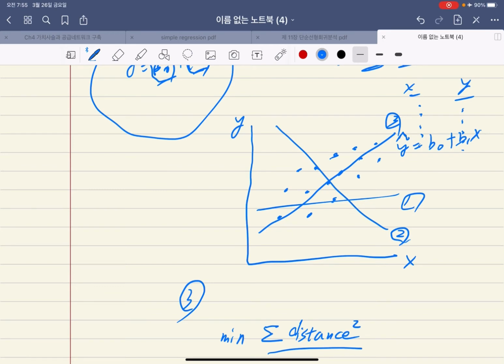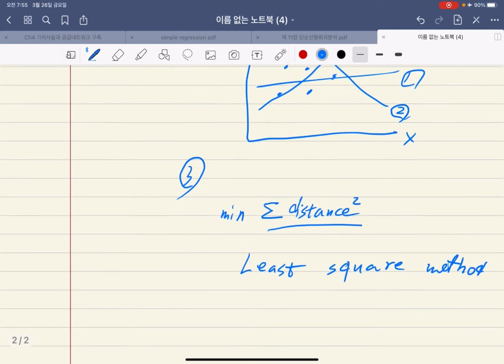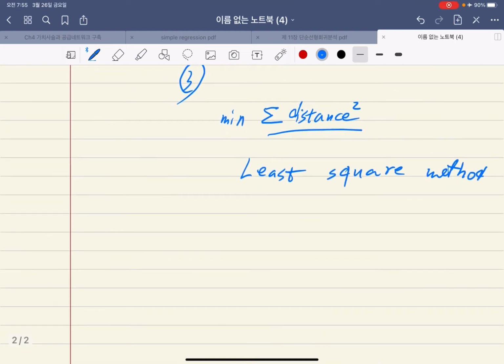Now, to find the slope and intercept, the distance is yi subtract y hat, and then you square this, and you add these up, and you want to minimize this.